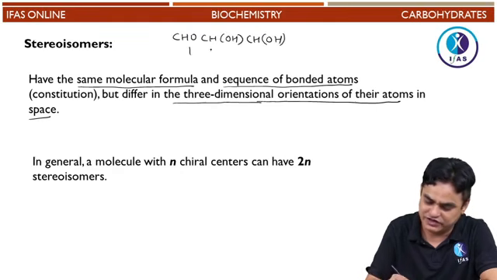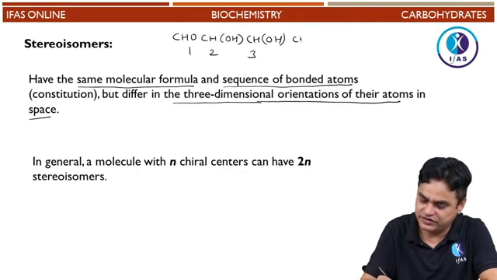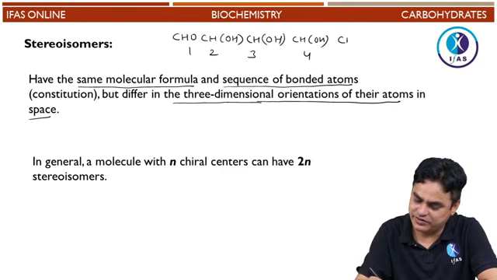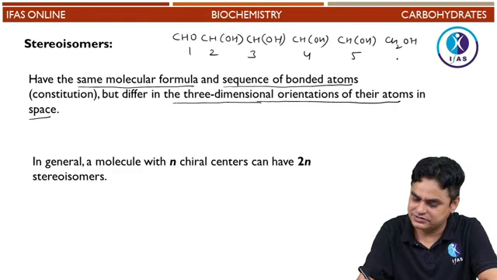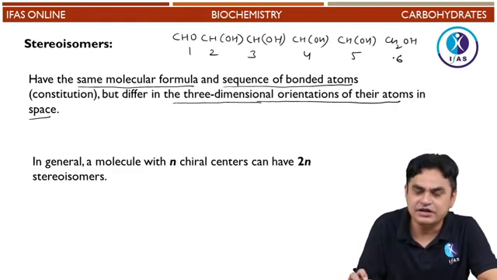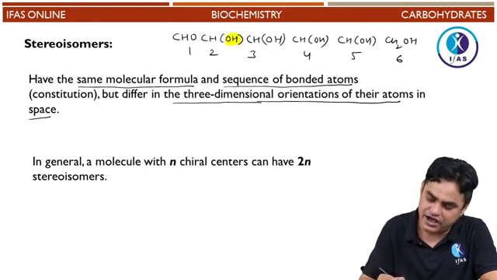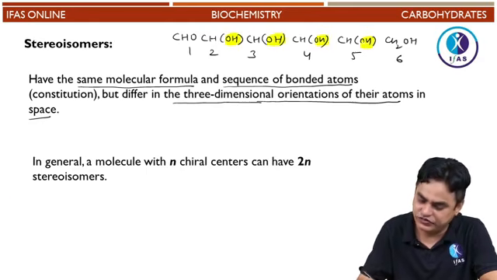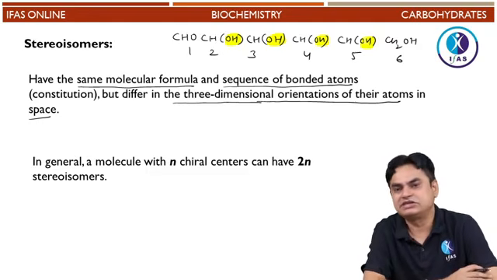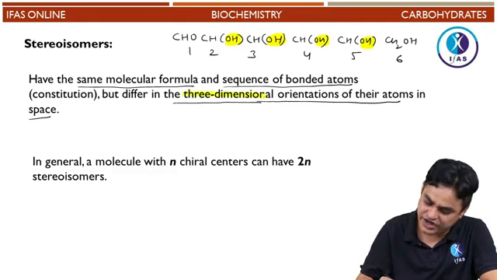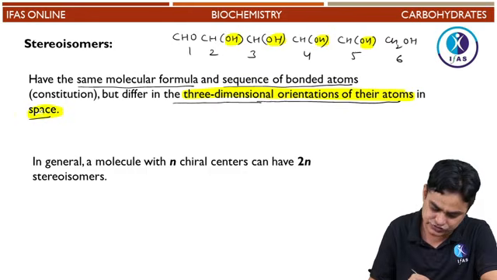This would be carbon 1, carbon 2, this would be carbon 3, this would be carbon 4, this would be carbon 5, and this could be carbon 6. But how these atoms are arranged in three-dimensional space, especially at the chiral carbon, that makes a difference. So they differ in the three-dimensional orientation of their atoms in space.